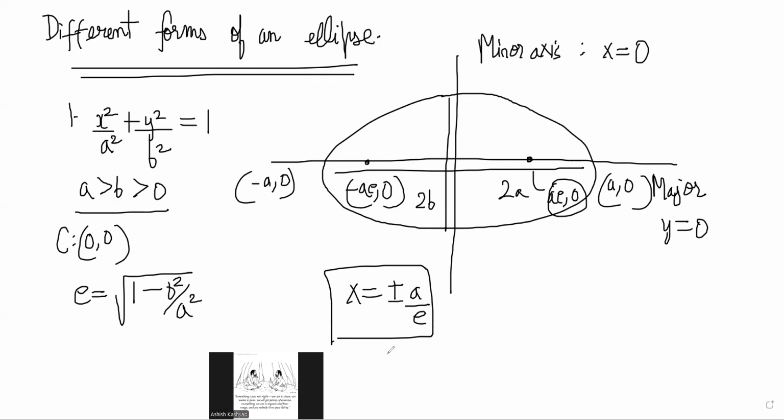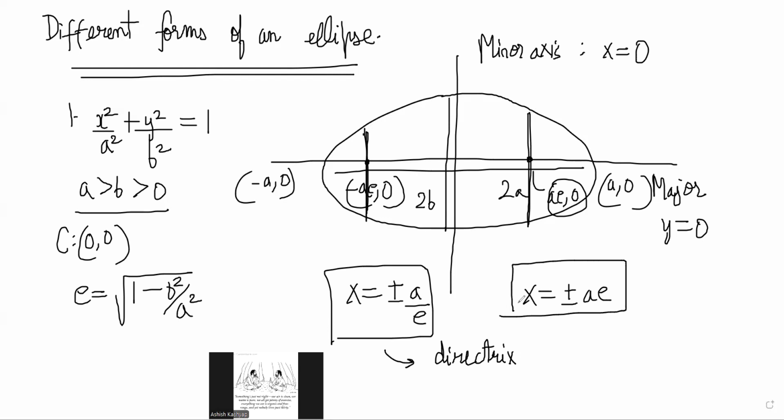These are the directrices equations. There are two of them, one plus, one minus. The latus rectum equations will be something like this: x is equal to plus minus ae. These equations represent the two latus rectums. And that is all that you need to know about the standard ellipse form, right?